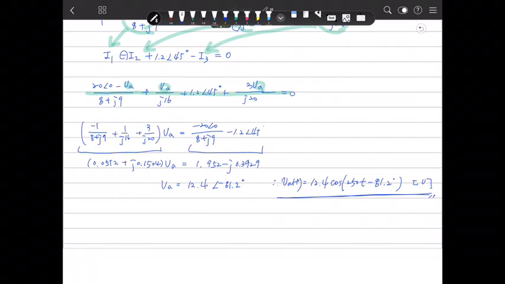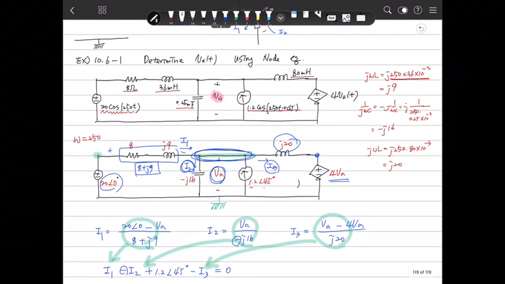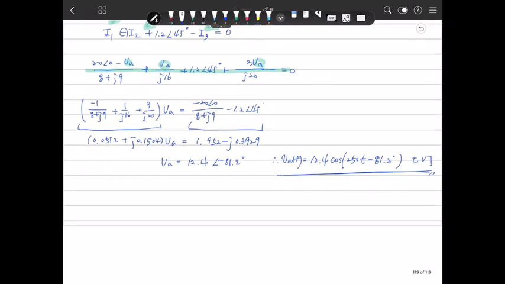So this is simple, but the circuit looks very complicated. If you solve this circuit in the time domain, it's very complicated. But if you use a phasor, then you can calculate VA very simply like that. The only tedious thing is calculating the complex numbers, but you need to use the calculator. If you use that, then the problem is not difficult anymore.